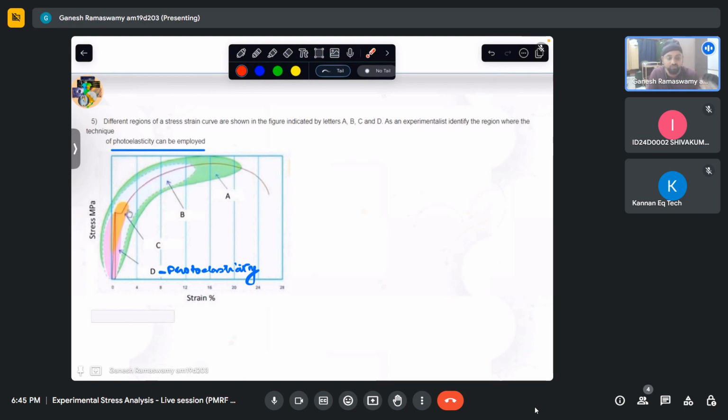That coating also has some strength, and it has to cross one particular strain for it to develop those cracks so that it can be interpreted. So this is that threshold strain beyond which brittle coatings will start showing the cracks. So that is why this is brittle coating.